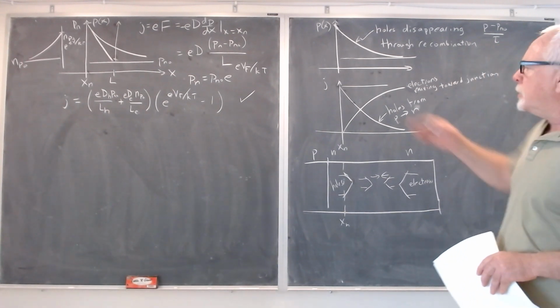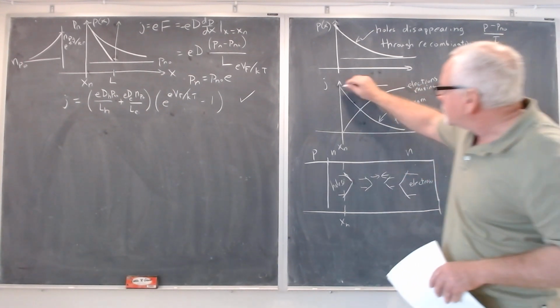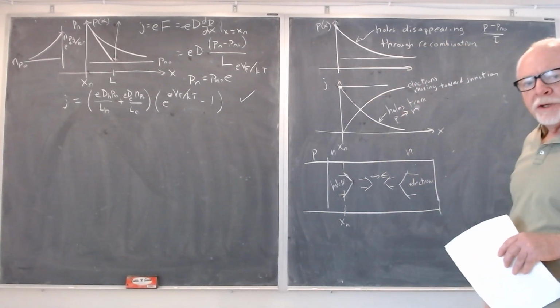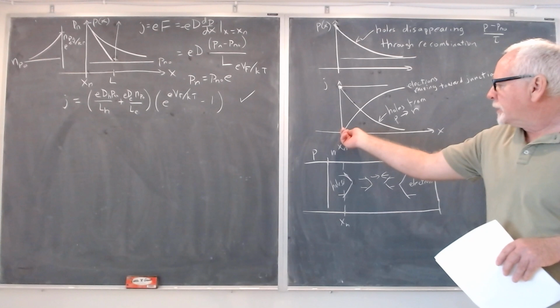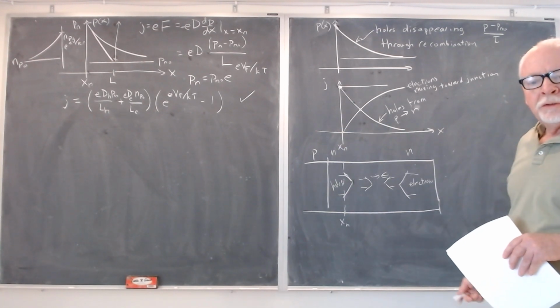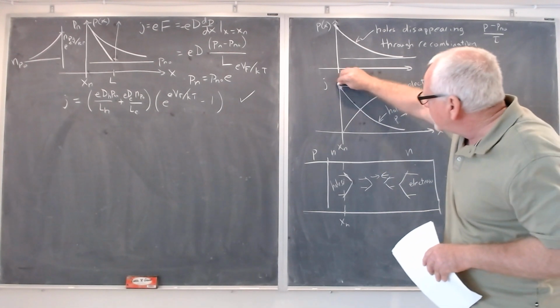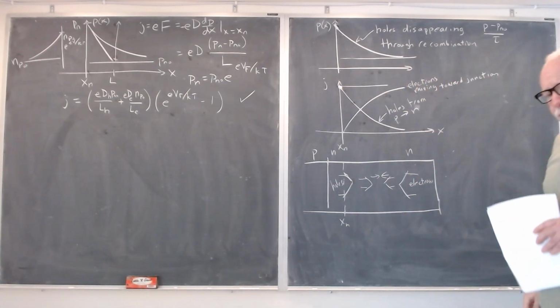So the point is, you don't need to worry about it, because this is the answer. At the junction, all those electrons that came over from this side are gone, and so all you have is the diffusion current.